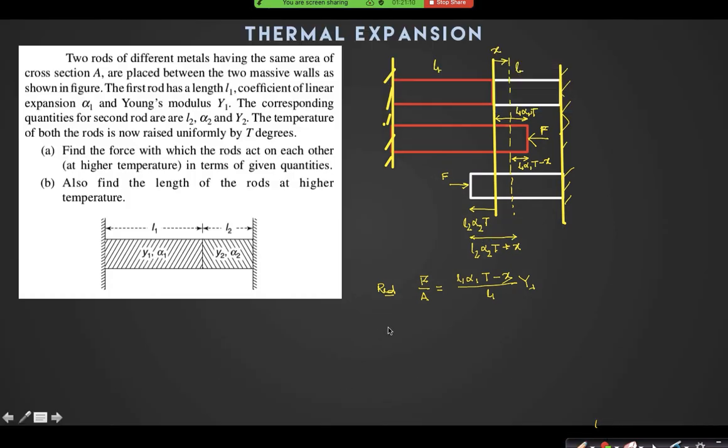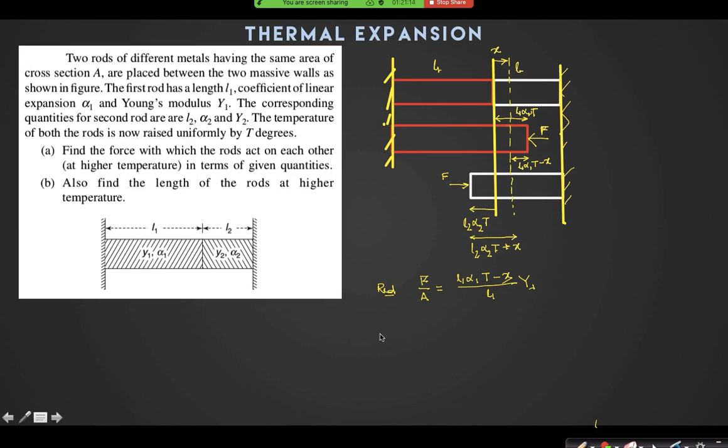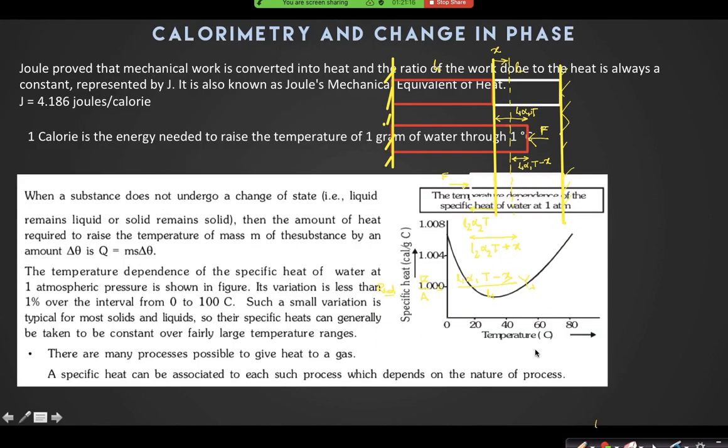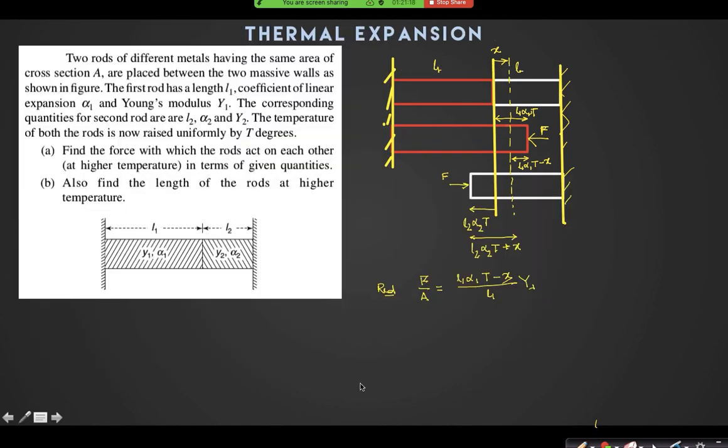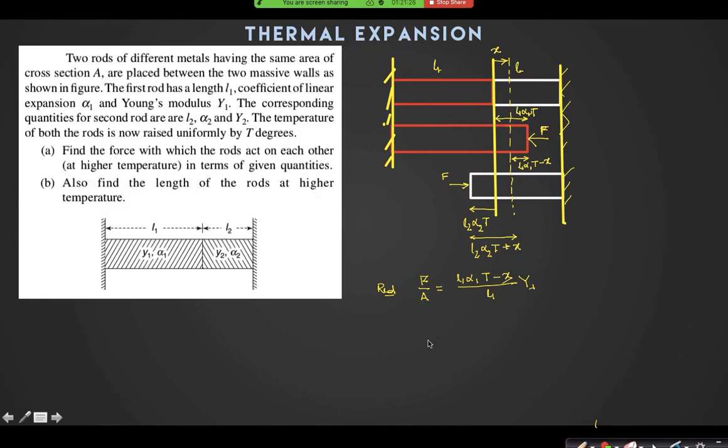And for the white color rod, the same F by A is there.